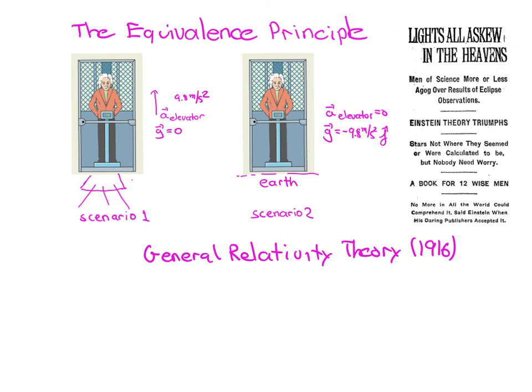This is one of my favorites. "Lights all askew in the heavens, men of science more or less agog over results of eclipse observations. Einstein theory triumphs. Stars were not where they seemed or were calculated to be, but nobody need worry." So no need to worry, even though the lights are all askew in the heavens.